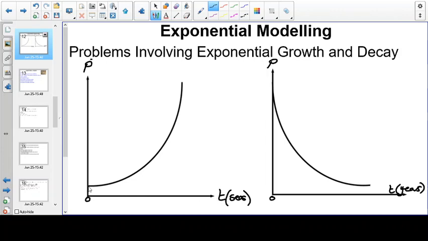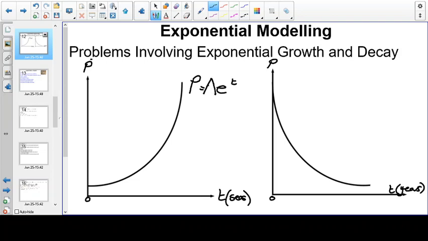Now this is showing exponential growth, something that's increasing as time increases, and this is showing decay. P is decreasing as time increases. In terms of the formula, part of it is going to be e to the t, but it's not going to be just that, because the numbers are going to be different and the model's going to be different, so there will be some constants.